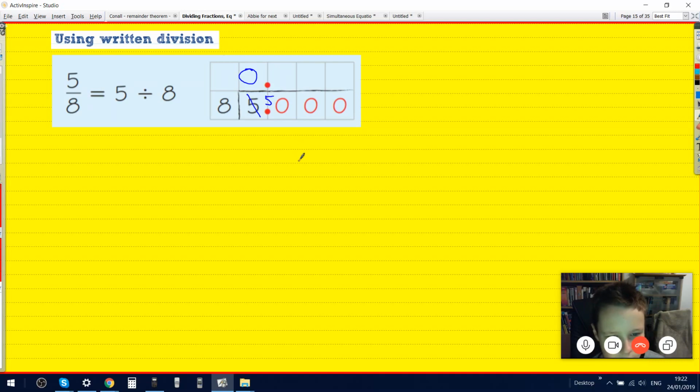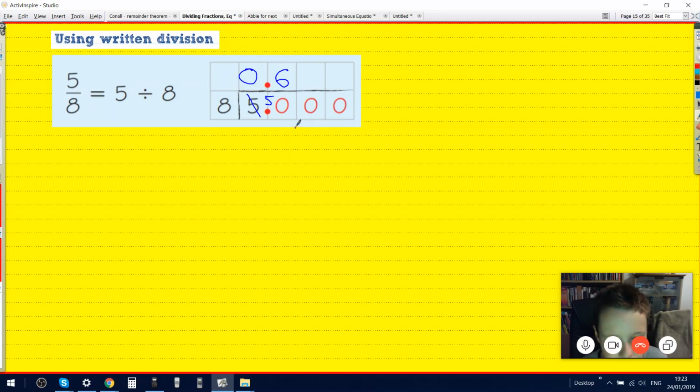And so we need to work out how many 8s go into 50, which is 6 times, with 2 left over.